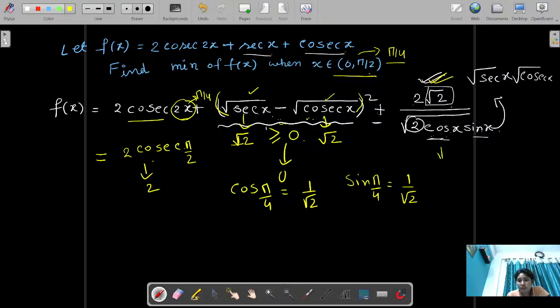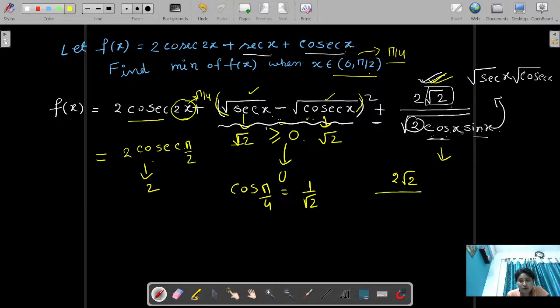And what about this? Okay, let me calculate it a little bit. See this term, I can write it like 2 root 2, and here I have root under 2 into sin x cos x.